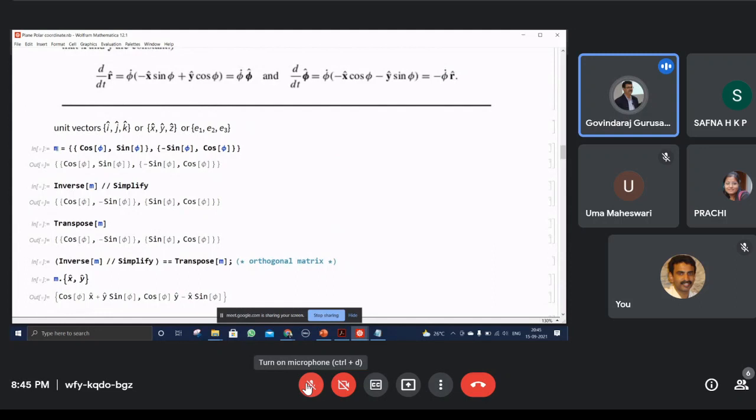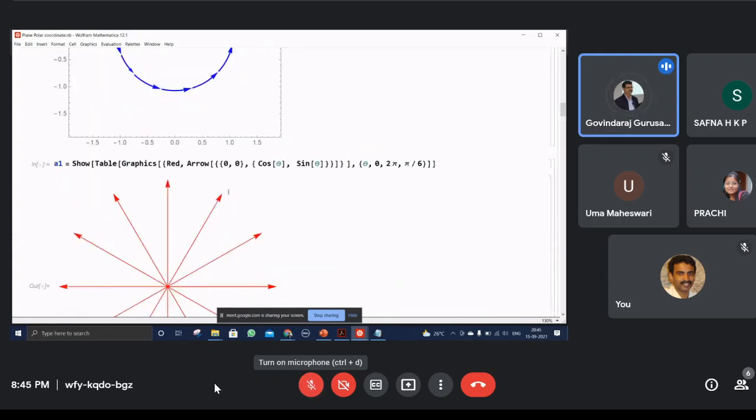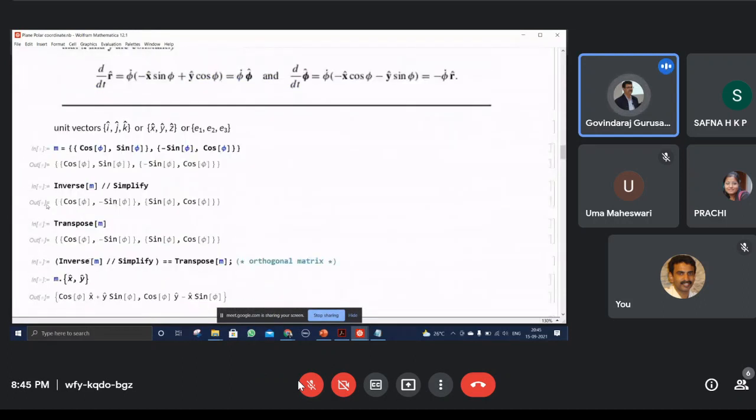Let's try to find out. Let me take this in matrix form: cos pi, sin pi, minus sin pi, cos pi. That is the relation which we have already formed for this. I'm taking the pi or theta component alone and representing it in the form of a matrix. Find the inverse of that. I'll get cos pi, minus sin pi and cos pi. Now transpose them, and inverse and transpose are equal.